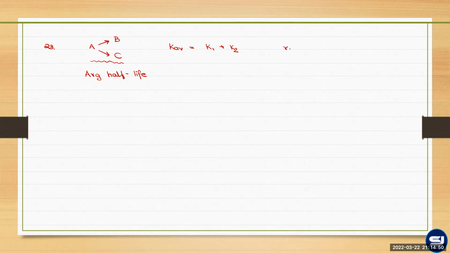Then how did we write the rate? Rate equals K1 plus K2 into A, right? So we took A raised to 1, yes, sir. And what did we call this? K average, which is just the sum of K1 and K2. Now, if it is following first order, can I write this as 0.693 upon T average, which is the average half-life?